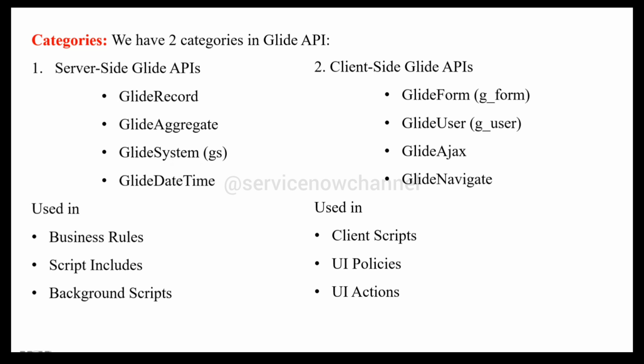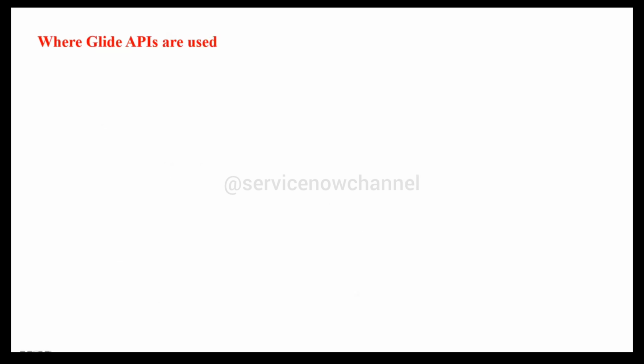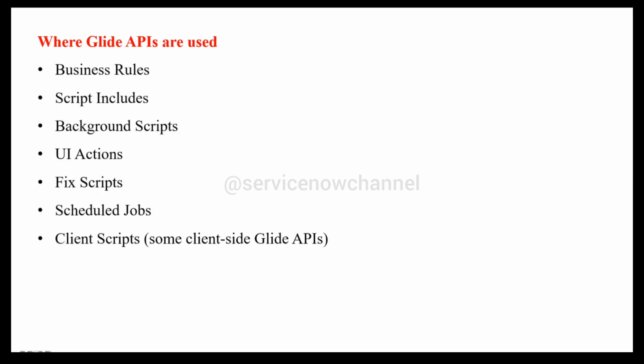Okay. So next, where are Glide APIs used? Glide APIs are used in many areas in ServiceNow. We will see some particular things in ServiceNow where we are majorly using them. We are majorly using them in business rules, client scripts, background scripts, UI actions, fix scripts, scheduled jobs.